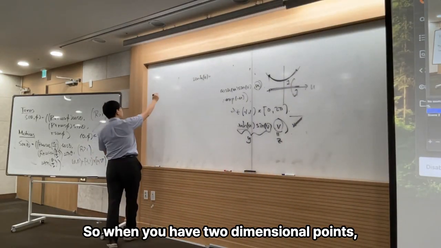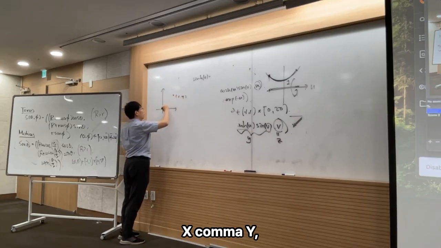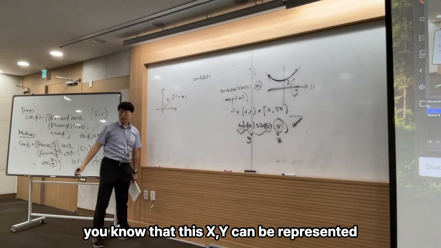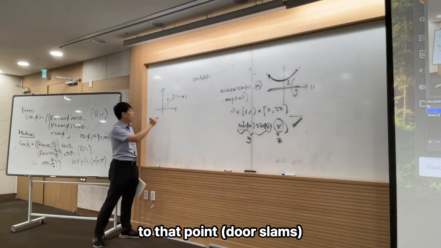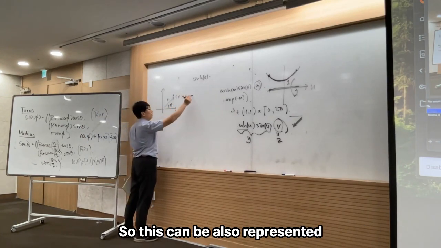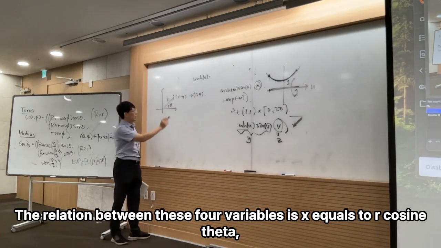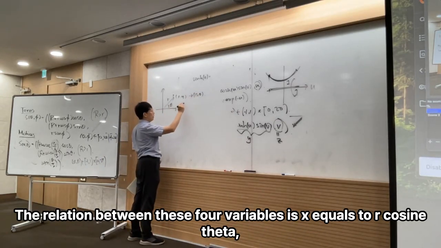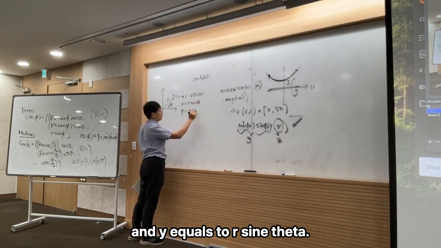When you have two-dimensional points x, y, this can be represented by the radius from the origin to that point and the angle between this line and the x-axis. So this can also be represented by r and theta. The relation between these variables is x equals r cosine theta and y equals r sine theta.